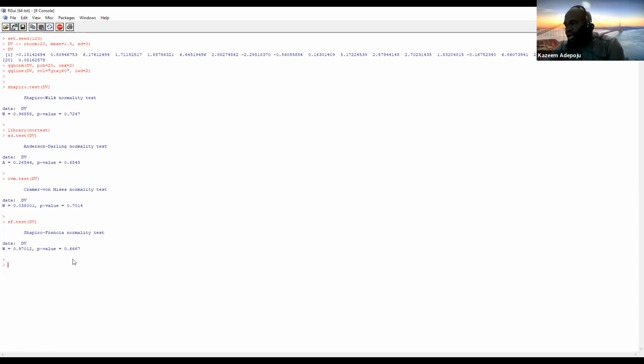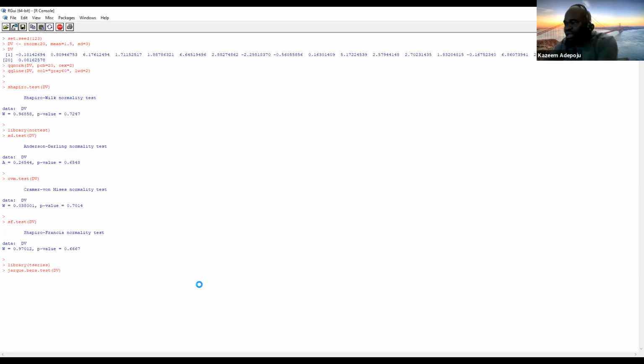Now I'm going to go to the next one, which is the Jarque-Bera test. This Jarque-Bera test is very popular in time series. If you are working with time series data, the Jarque-Bera test is very important. It requires loading a package called tseries.